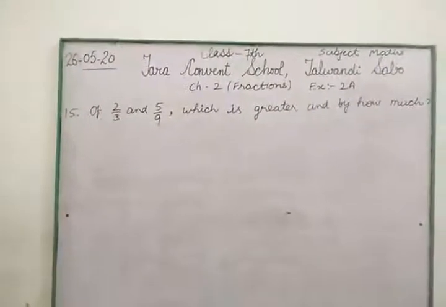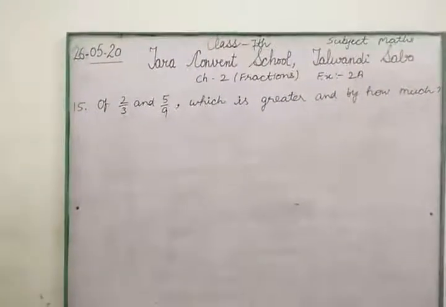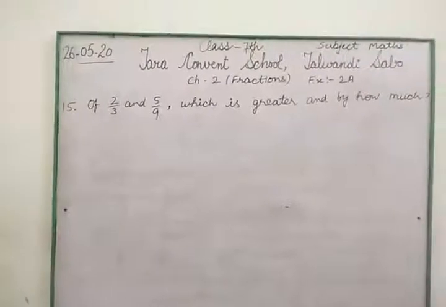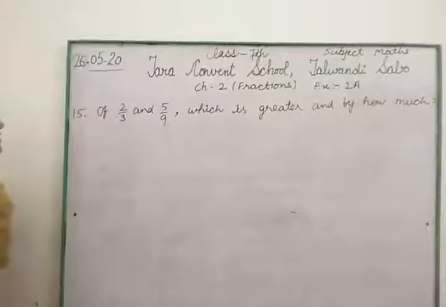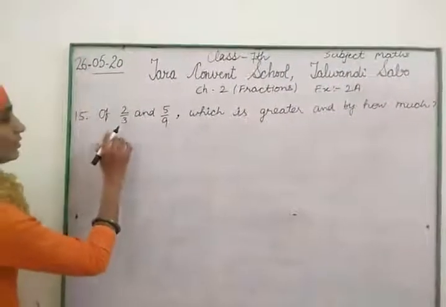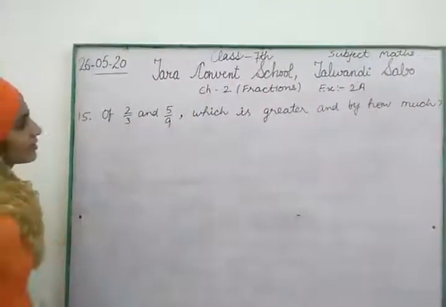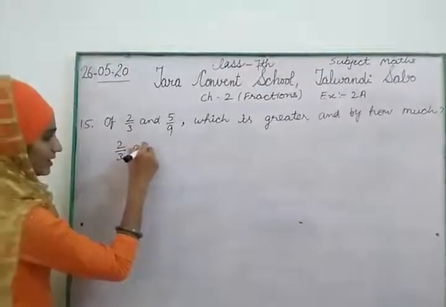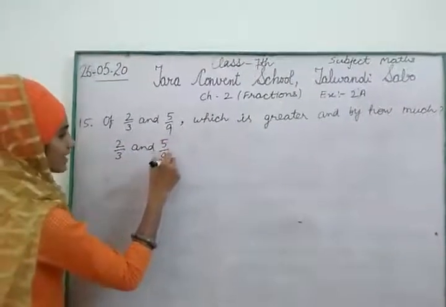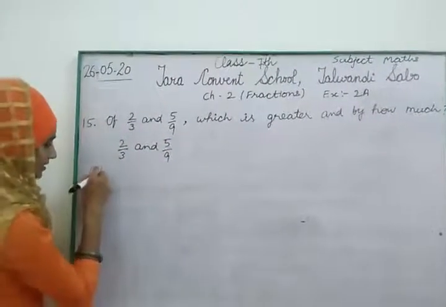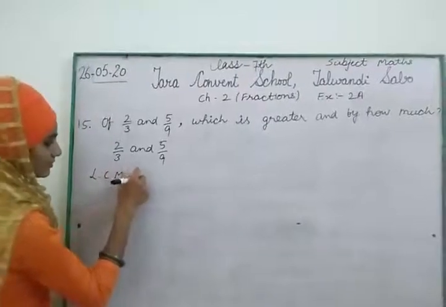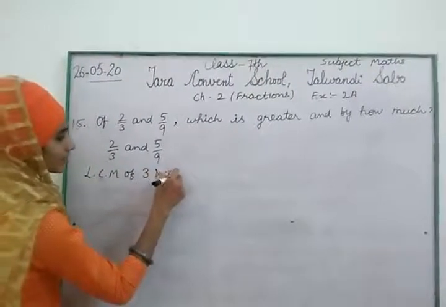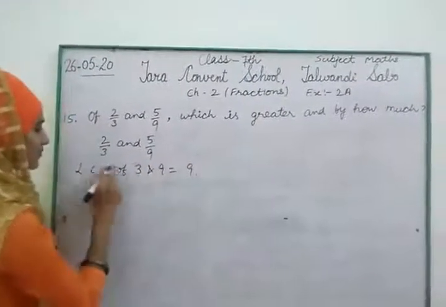Next, the 15th sum: of 2/3 and 5/9, which is greater and by how much? First of all we have to find out which is greater, 2/3 or 5/9. First of all we have to take the LCM of 3 and 9. LCM of 3 and 9 is equal to 9.